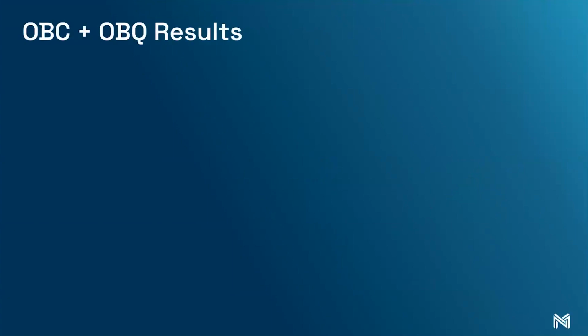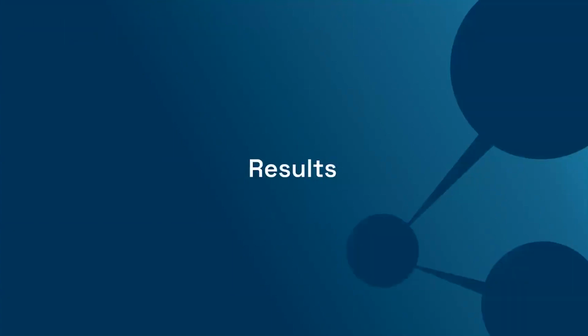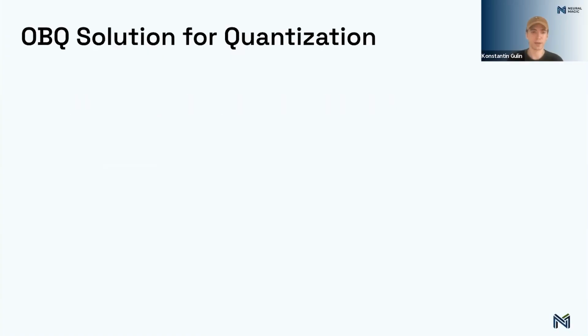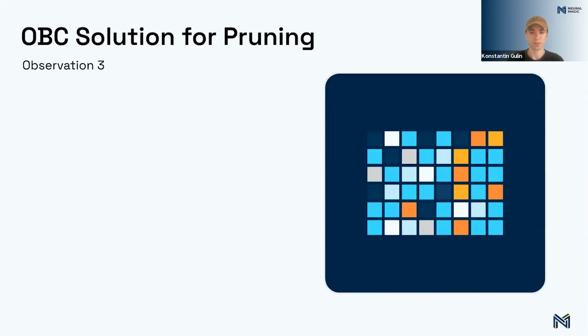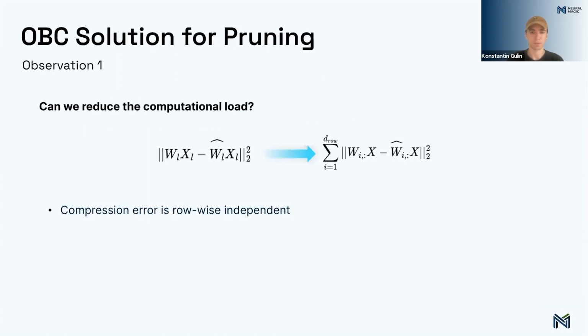Constantine: Yes, before you jump into results, we had a good question come in where they were wondering why the Hessian is the same for each row. Yes, good question. So let's go back a few slides. Yeah, right here. Okay, so the reason we can say that is, if we're talking about matrix multiplication, what are we doing? Our input is a matrix, our weights are a matrix, and we're doing column to row.